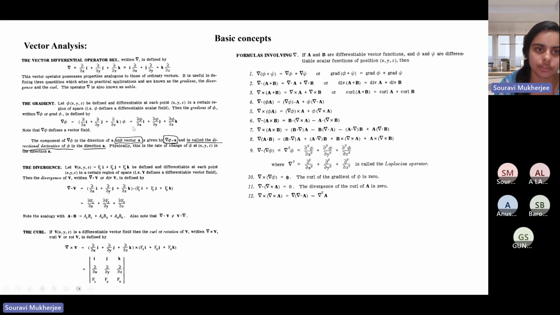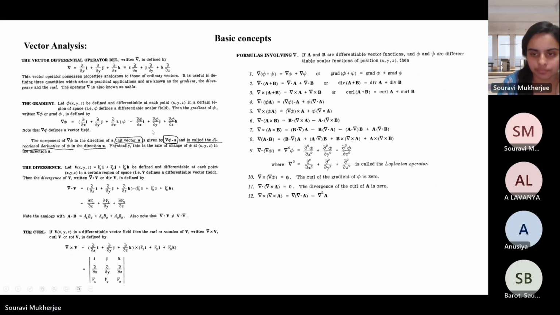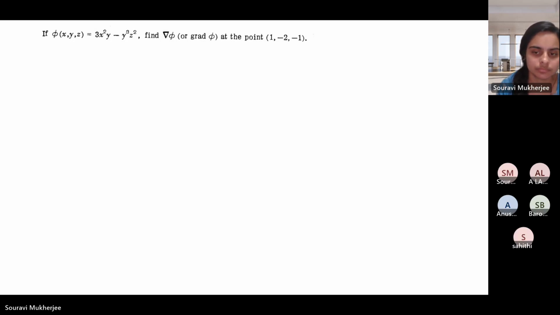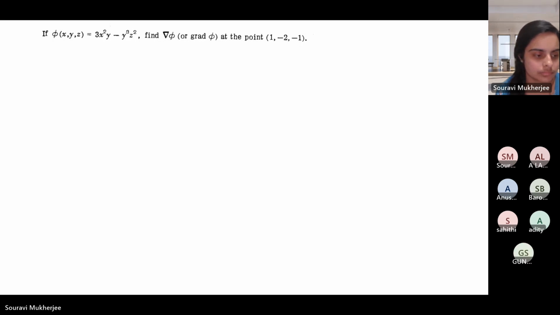So this is how the function looks, right? The operator. Should I share the solution?